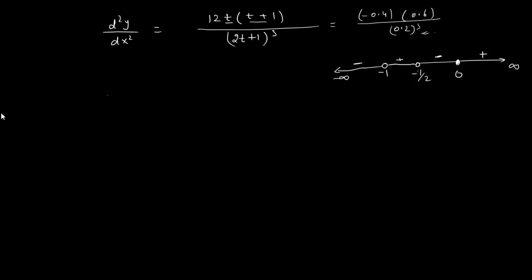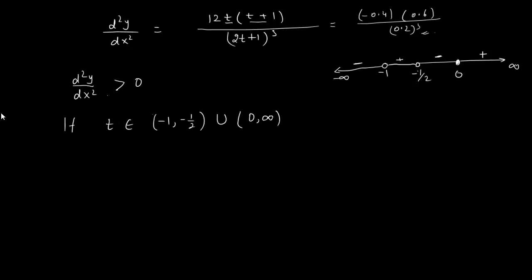So we say d²y over dx² is more than 0 if t belongs to the interval (-1, -1/2) union (0, infinity).